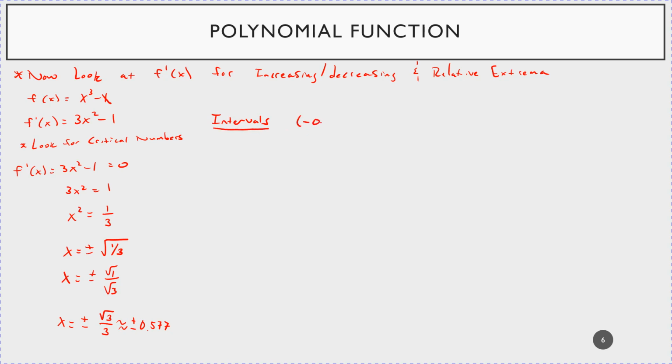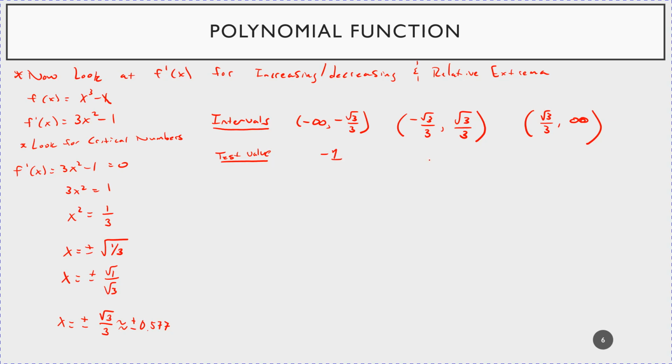I'm going to go from negative infinity to negative the square root of 3 over 3. Then from negative the square root of 3 over 3 to positive the square root of 3 over 3. And then from the square root of 3 over 3 to infinity. Then I'm going to pick test values in the intervals.